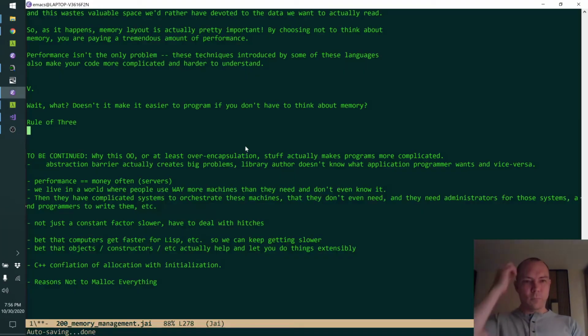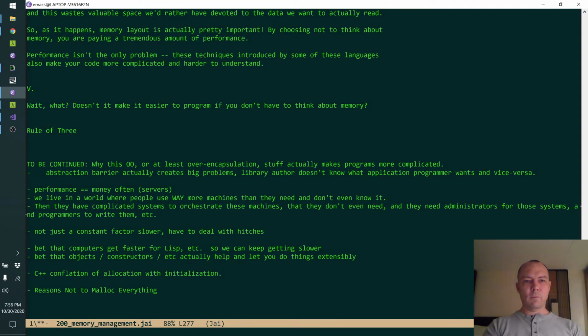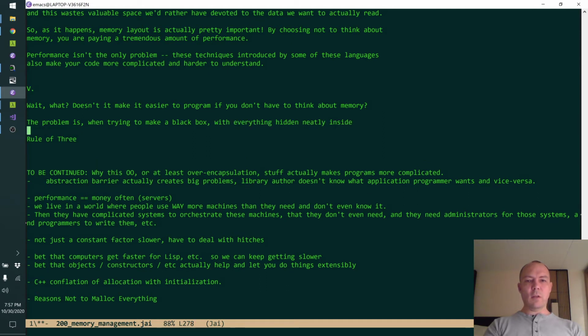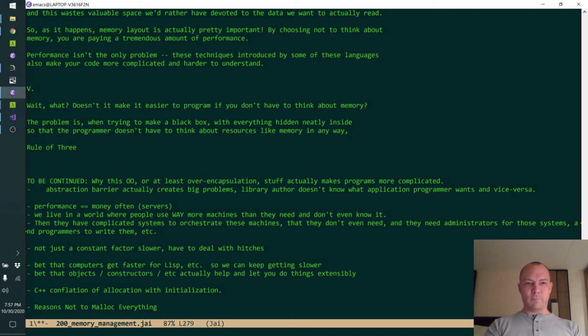Okay, so the problem is when trying to make a black box with everything hidden neatly inside so that the programmer doesn't have to think about resources in any way, like memory, it never works out that way.